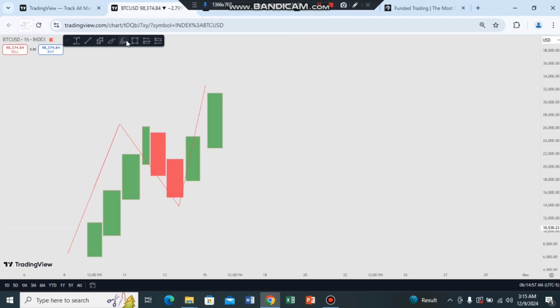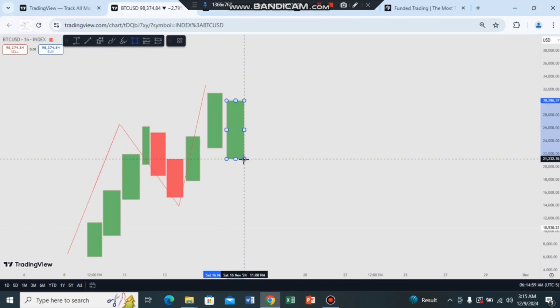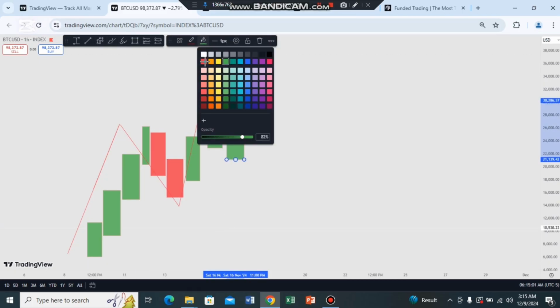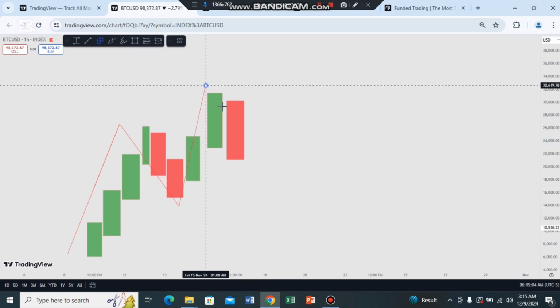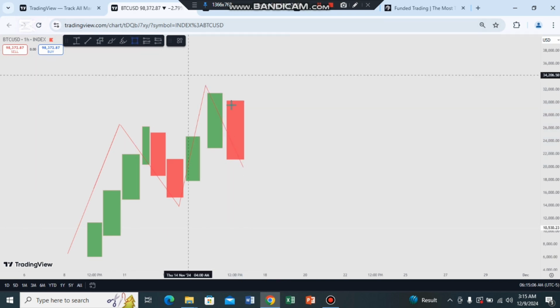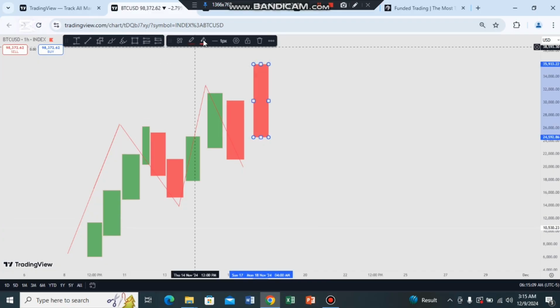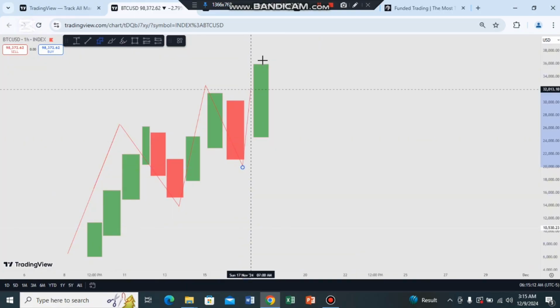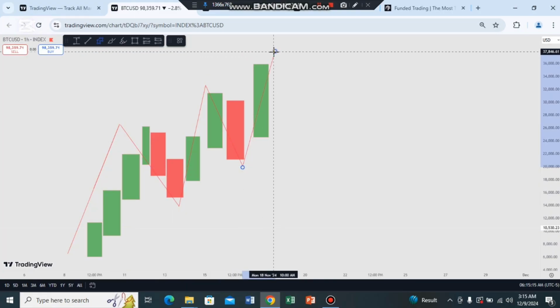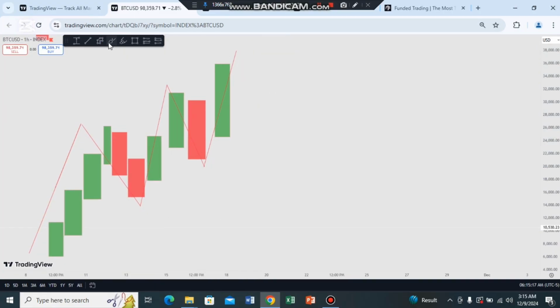This is what you see in a bullish market. Let's suppose we got a bearish candle, we got again a pullback, and the price comes down. Then you got another bullish candle, and again the price goes up. So this is a common case. You see this in every bullish market.